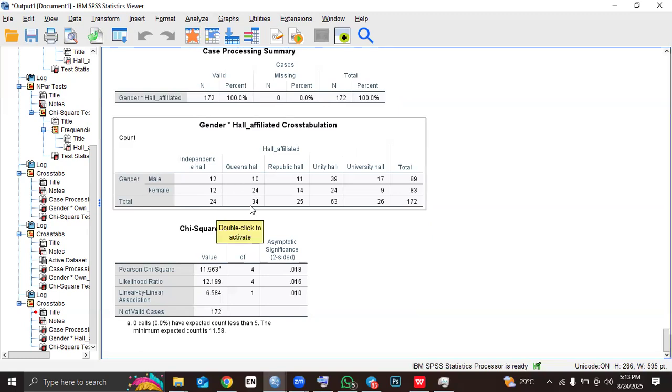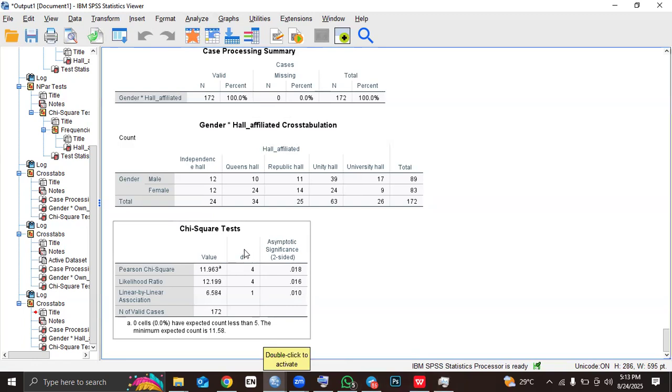Total number of people in Queen's Hall is 34. Republic Hall has 25. Unity Hall has 63, and University Hall has 26 individuals. Good.